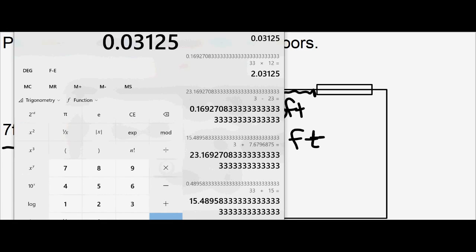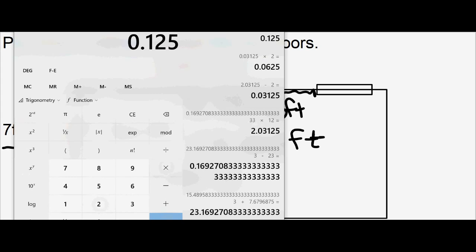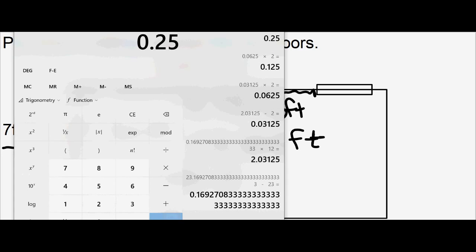So to start off with, we do times 2. That gives me the number of half inches. Still don't have a whole half of an inch. So times 2. Now I have quarters of an inch. So I've multiplied my decimal times 4. That's the number of quarter inches. Times 2 again gives me the number of eighths of an inch.